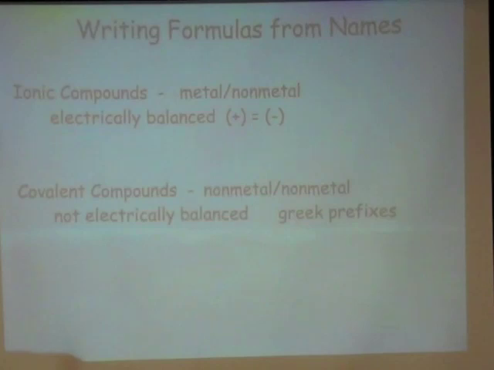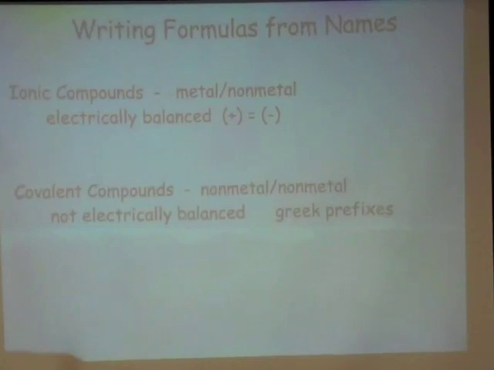They are not electrically balanced. That is not the nature of their bond. So we don't worry about positives being equal to negatives. Instead, remember, we use Greek prefixes. Mono, di, tri, tetra, penta, etc.